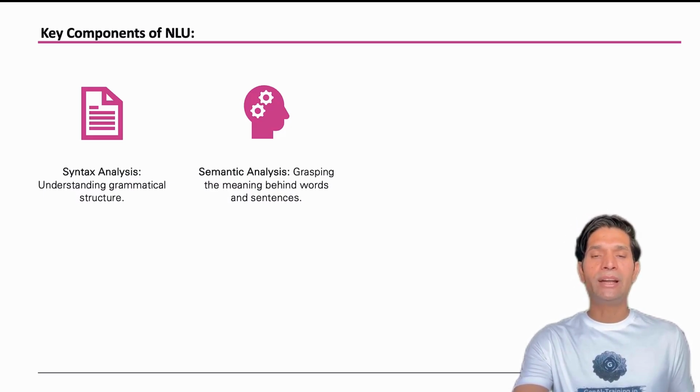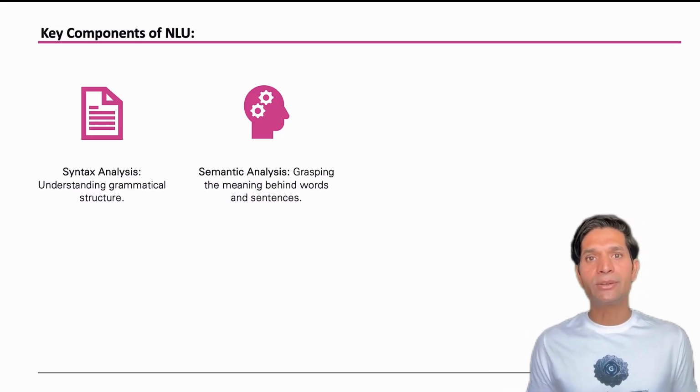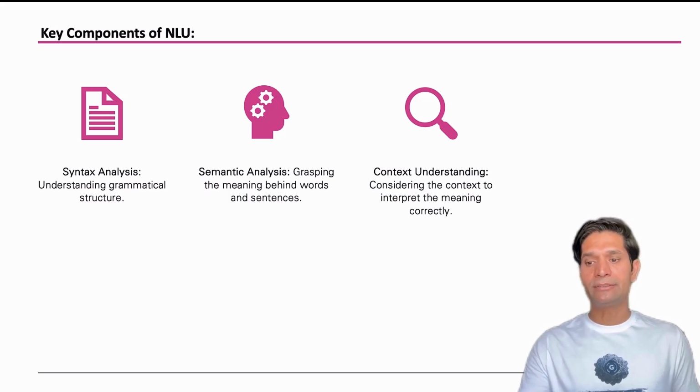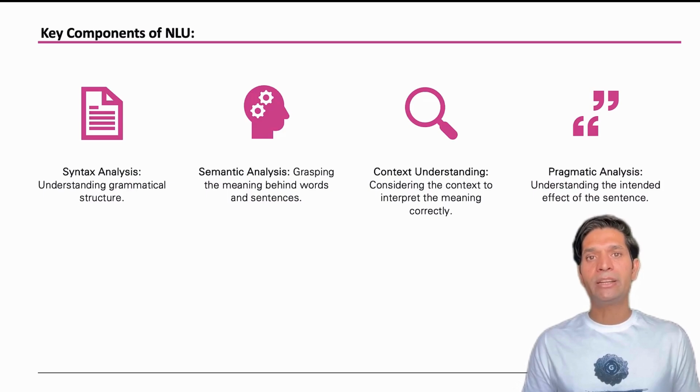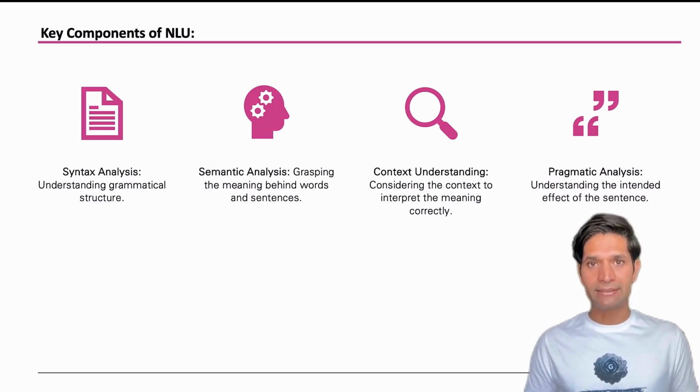So NLU has to really understand that when I say coffee shop near me, Google understands that this person is looking for a coffee shop, so let me go and fetch the coffee shops which are available nearest to this location. Third, context understanding, like considering the context, it will interpret the meaning of the things correctly. Fourth, pragmatic analysis, so understanding the intended effect of the sentence.